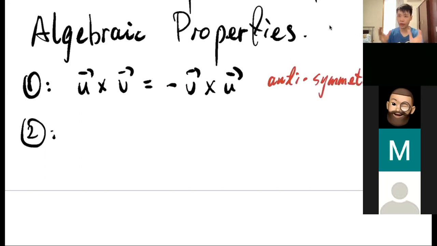If it's symmetric, that means when you switch the order, you get the same thing. What I call anti-symmetric is that when you switch the order, you get the opposite vector.